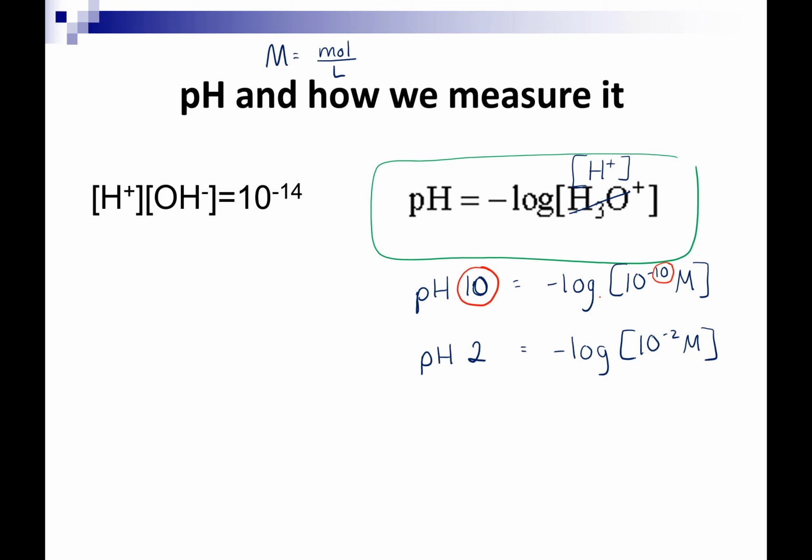So these are negative log 10 calculations. You really don't have to calculate. For this class, we're not going to make it complicated. We're going to keep our pHs as whole numbers. So if I said you had a pH of 6, what would you write in the concentration brackets?